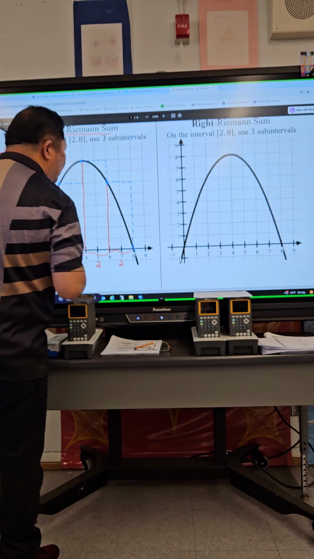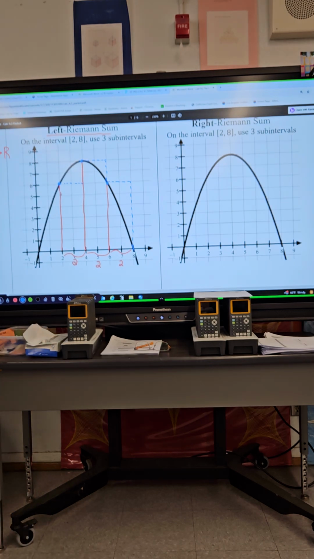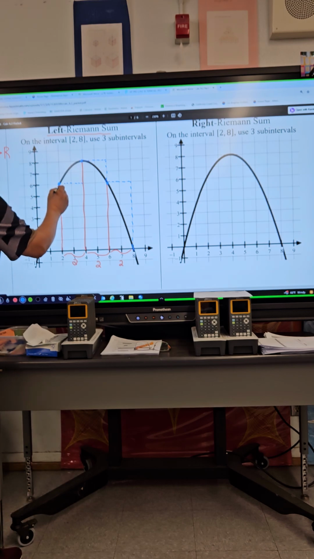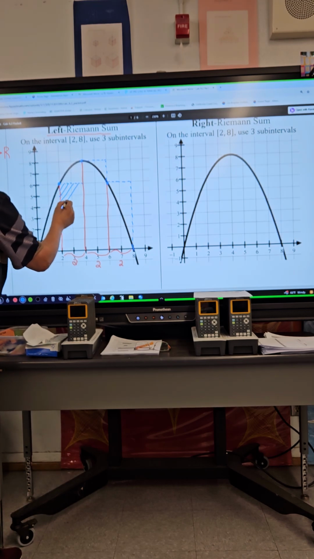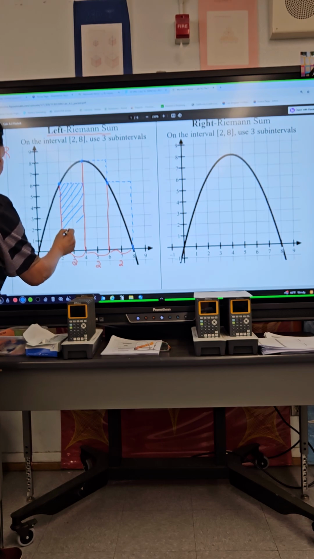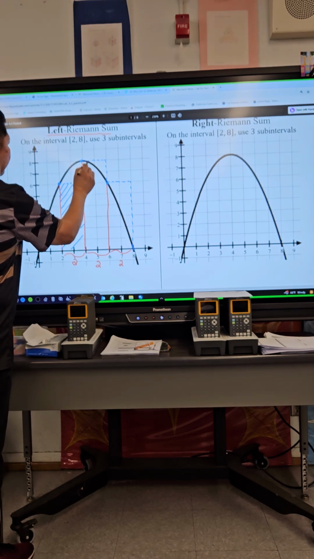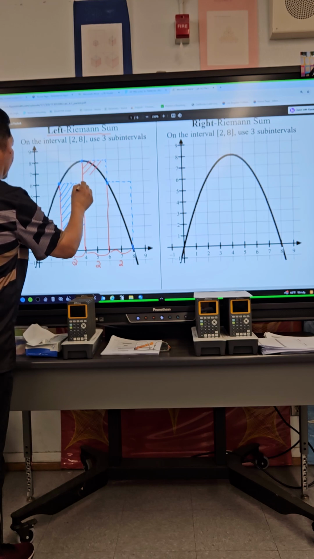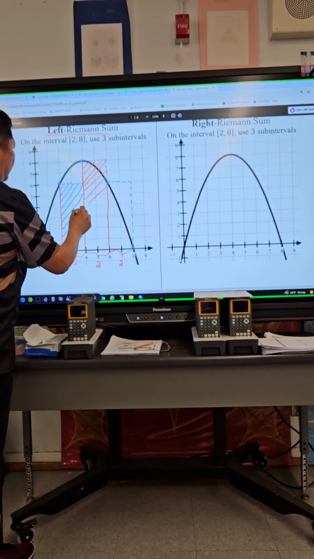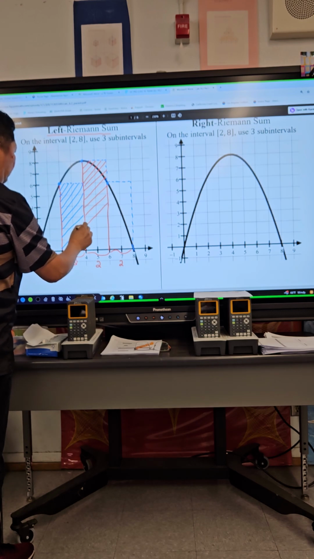Okay, can I label this first in blue color? This is the first rectangle. And then I'm going to label this as red. So you will see that there are 3 rectangles right here.